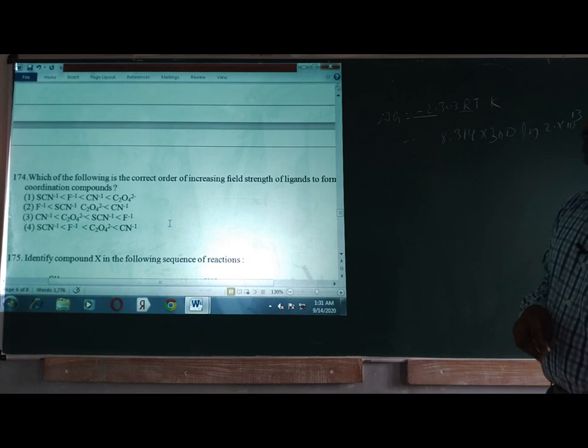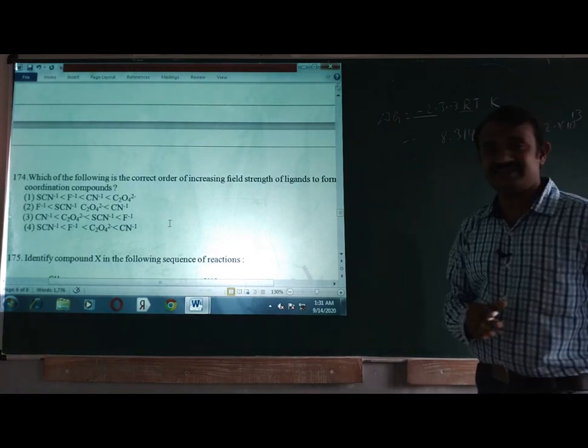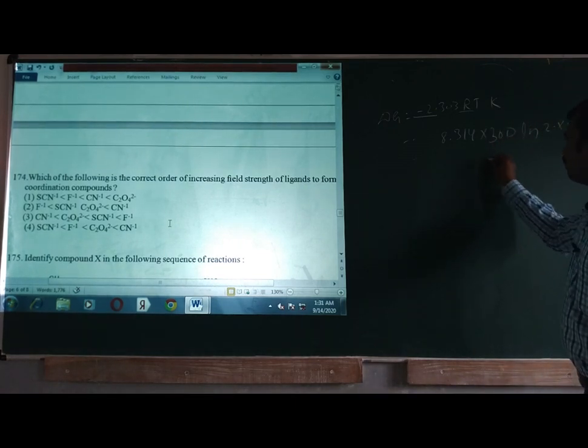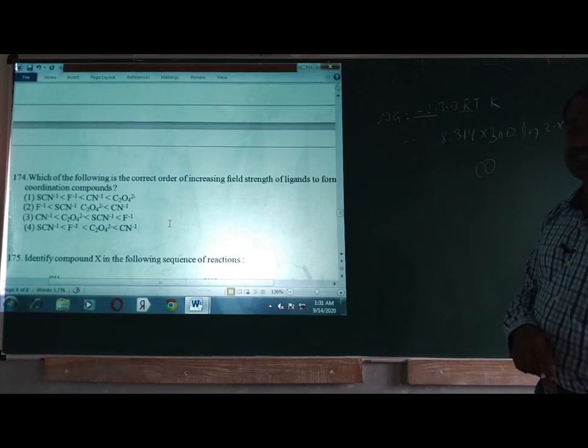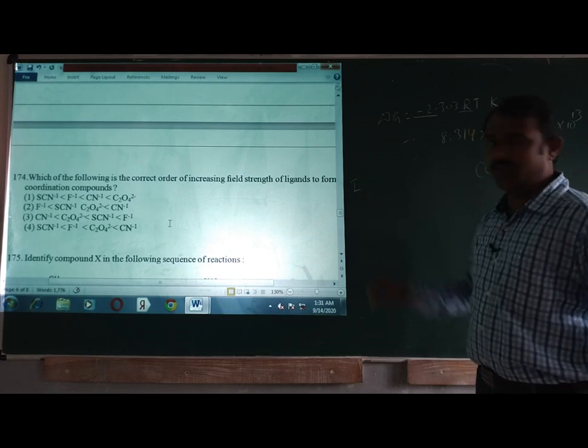Next one, which of the following is the correct order of increasing field strength of ligands in coordination compounds? You should know that carbon monoxide, the carbonyl, is a strong ligand, and compared to that iodine is a weak ligand.